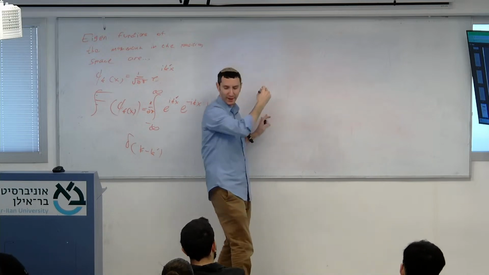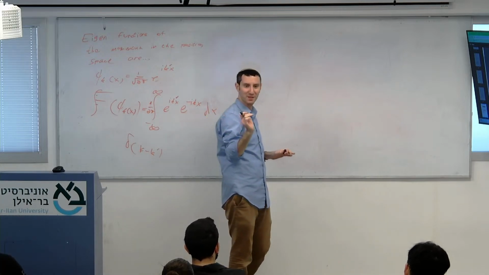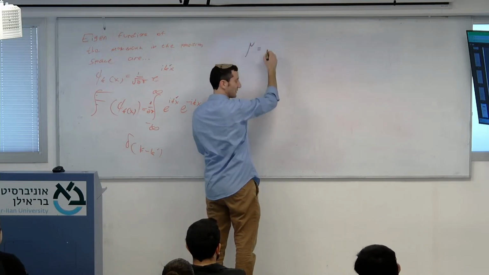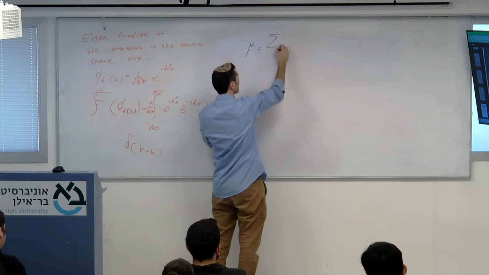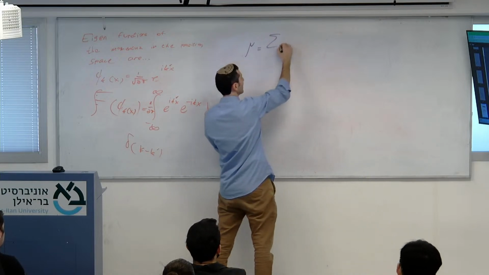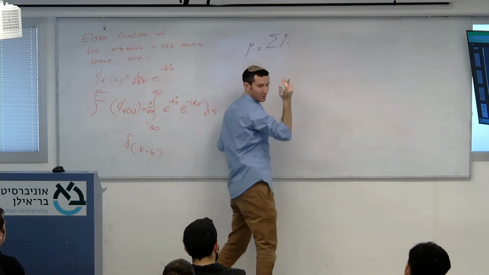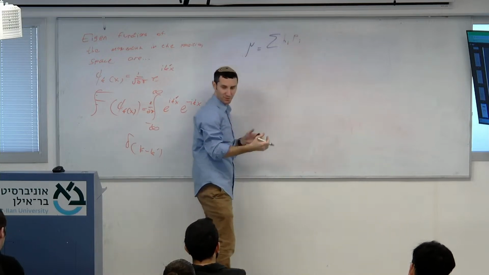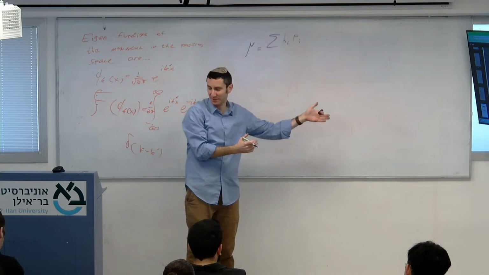The mean of height. 1, 2, 3, 4, 5, 6, 7. We have 10 people in this room. Okay. The mean height is, well, you take each height times the chances of finding someone with this height in this class, right?